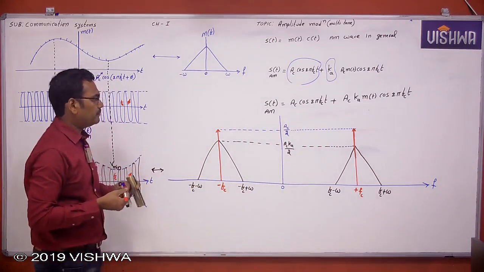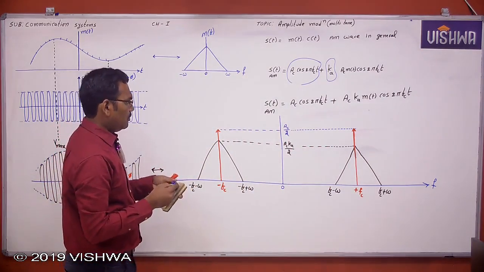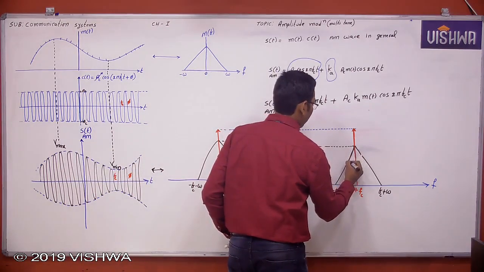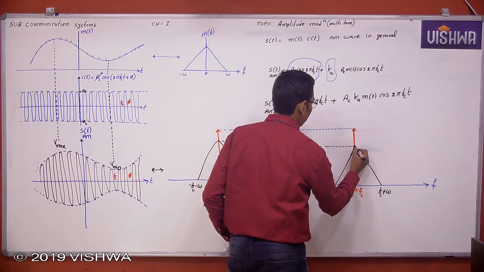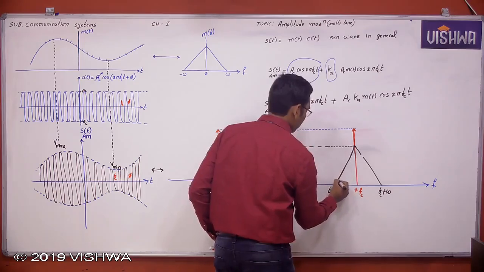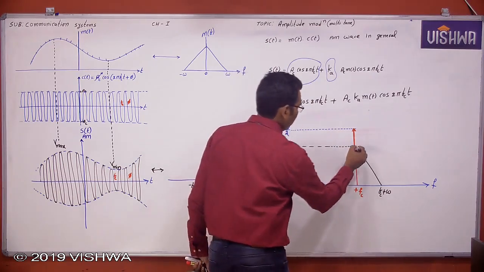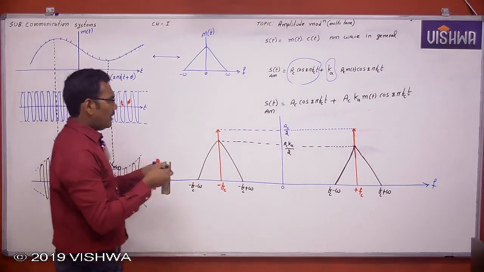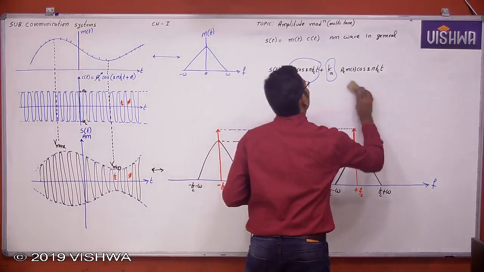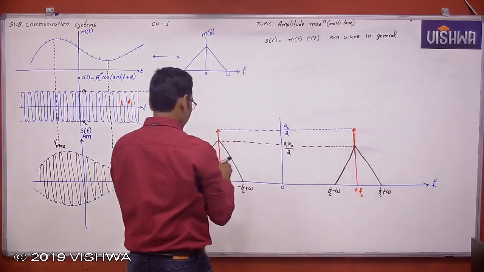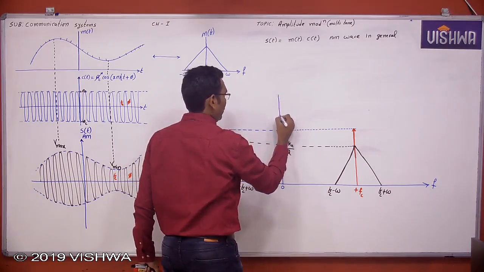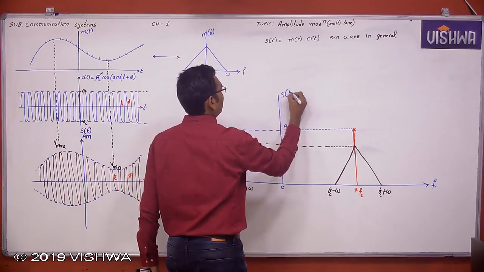Now see here. This is the AM spectrum, the AM wave in frequency domain. Now what can we understand here?